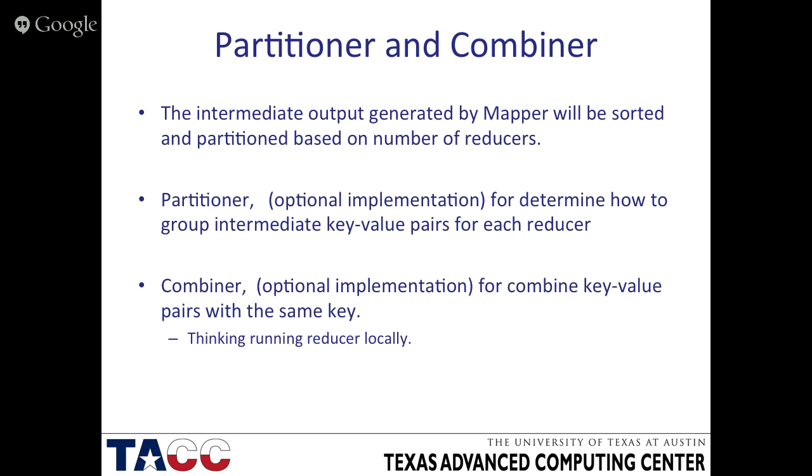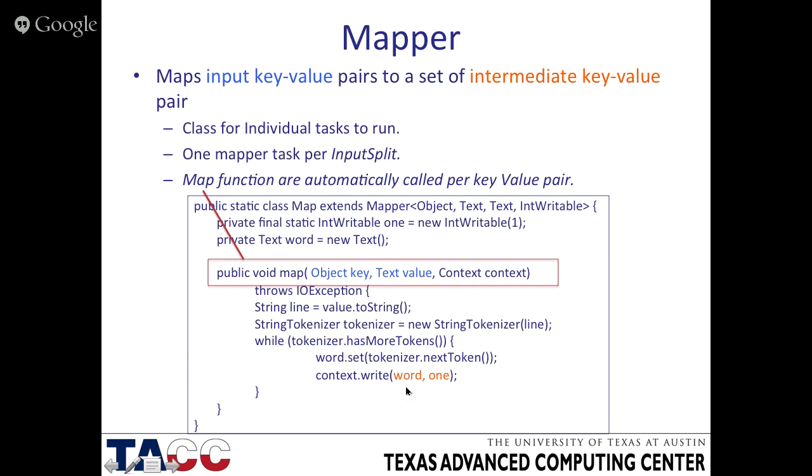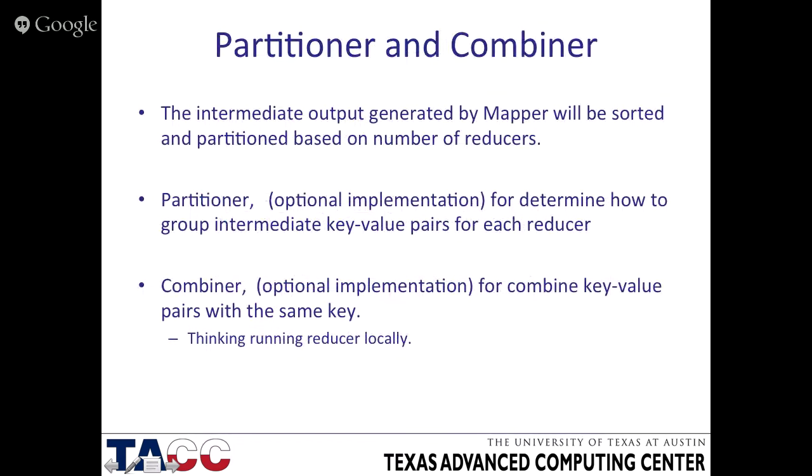Those are two phases implemented inside the Hadoop cluster. They happen after your map process is done. When you write a key value pair to the context, the context will run the partitioner and the combiner. The partitioner determines which group each intermediate key value pair goes into. It groups multiple keys into one group and later passes that entire group to a reducer process.